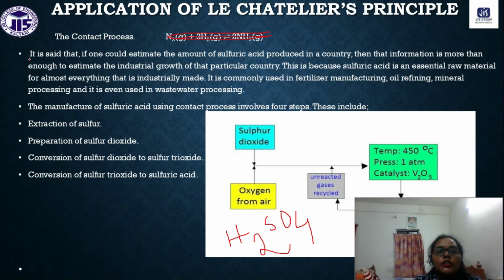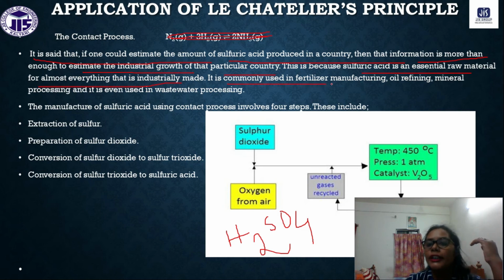It is said that if one could estimate the amount of sulfuric acid produced in a country, then the information is more than enough to estimate the industrial growth of that particular country, because sulfuric acid is a very essential raw material for almost everything that is industrially made.